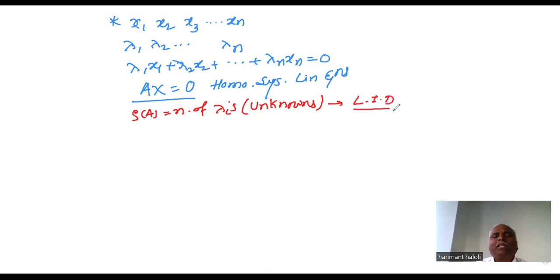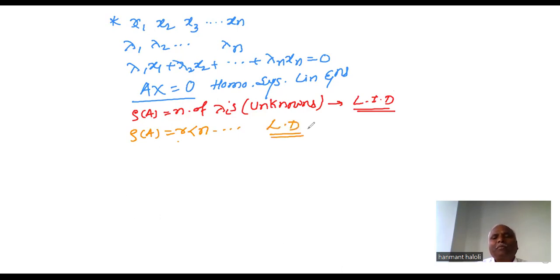Now, today's point is: if the rank of matrix A is equal to r, which is less than the number of lambdas, then you say that the given vectors are linearly dependent vectors.